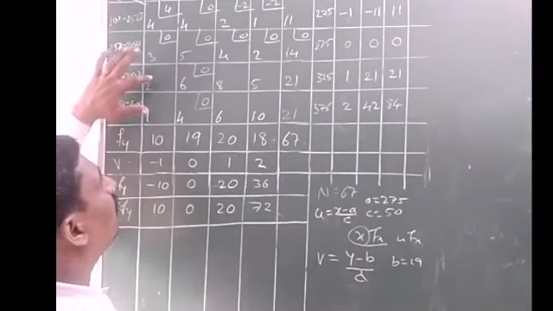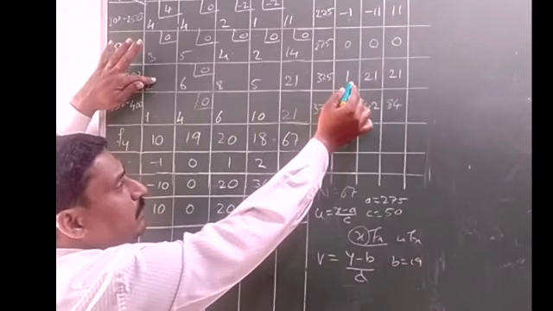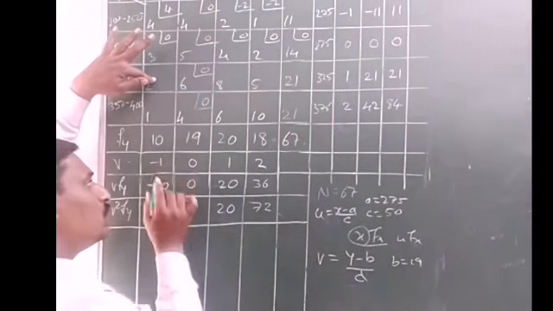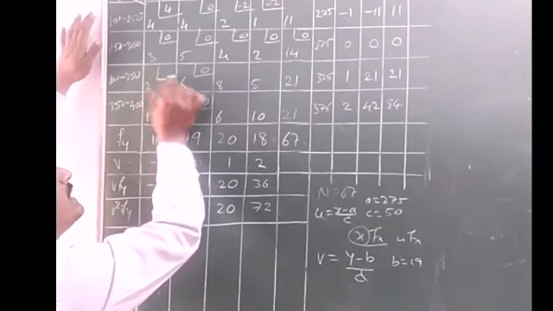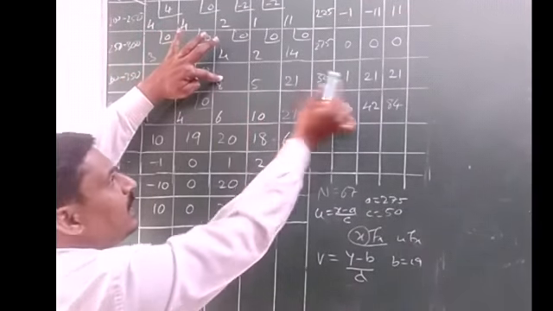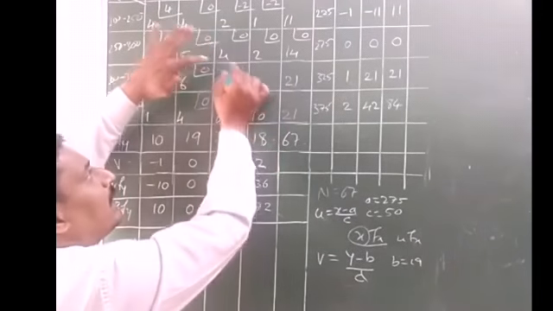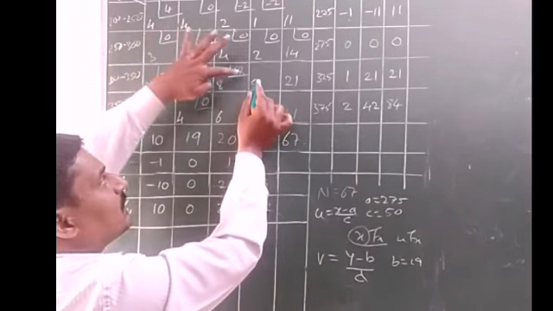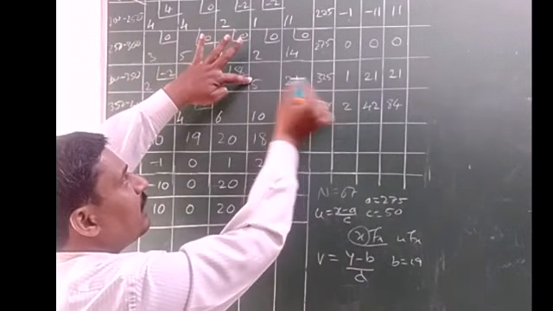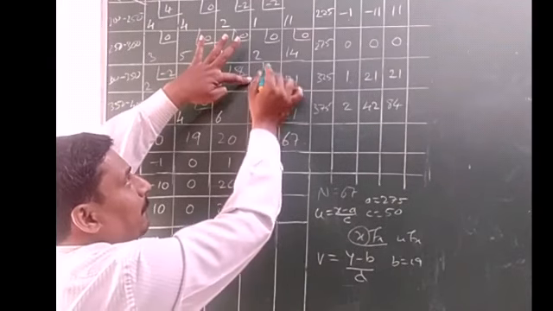Next this row: 2 into +1 is +2, +2 into -1 is -2. Next 0, leave it. 8 into 1 is 8, 8 into 1 again 8. Next 5 into 1, 5 into 2 is 10.